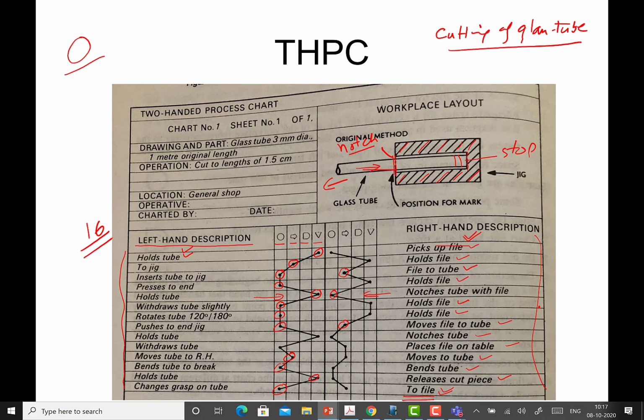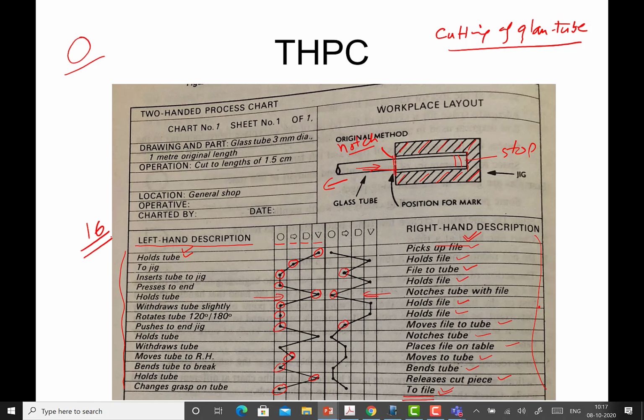There can be many questions asked about this way of cutting. Why is it necessary to hold the tube in the jig? Why can't the tube be notched while it is being rotated, instead of the right hand having to wait?